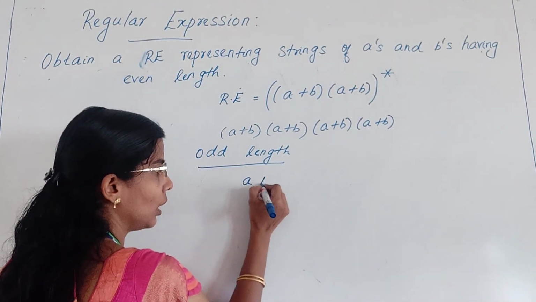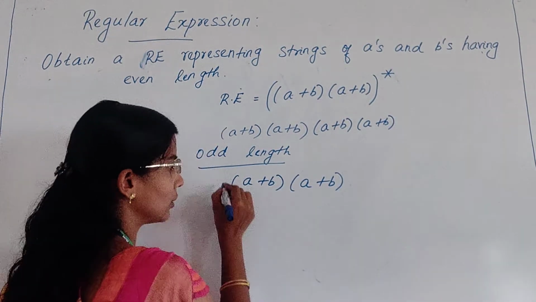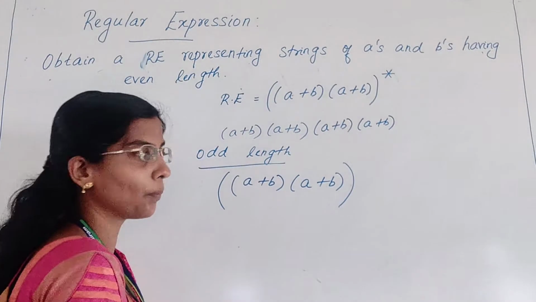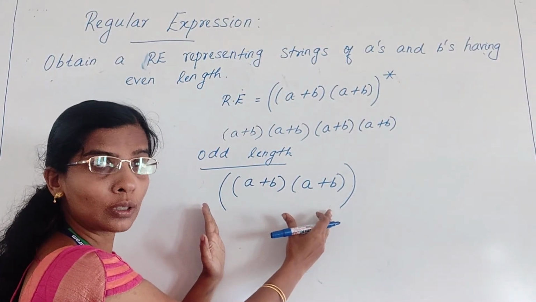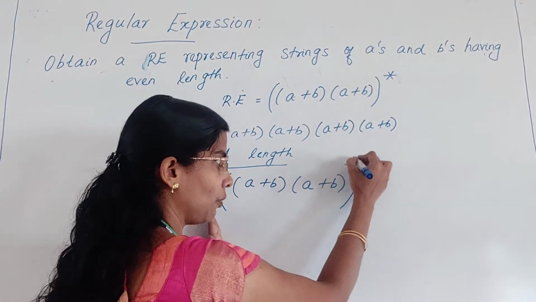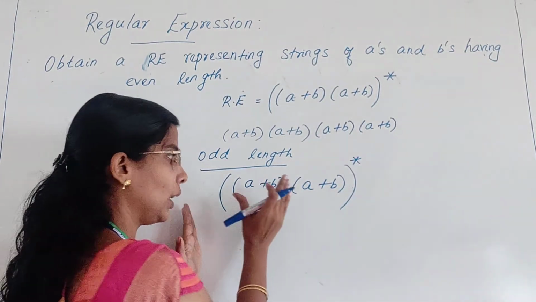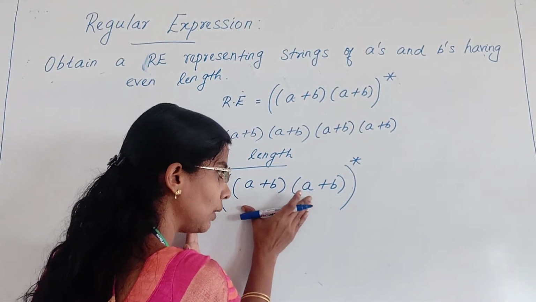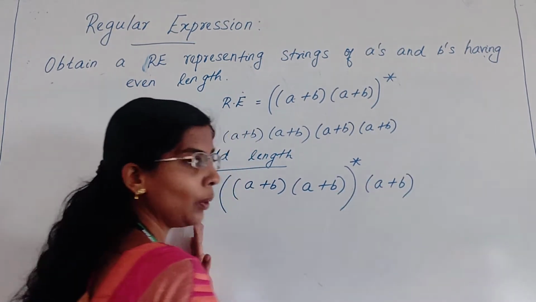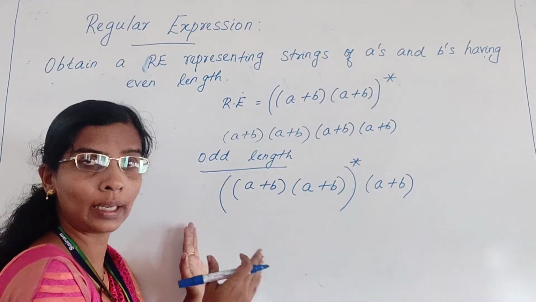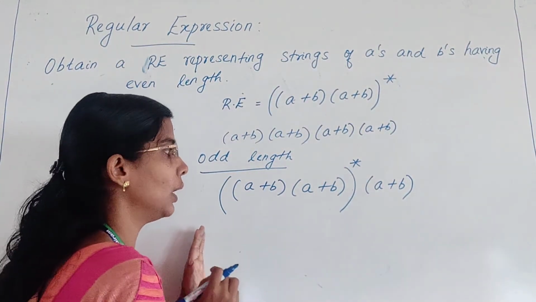Suppose this is my even length expression. This expression will give you strings of length 2. If I put a star, it will give strings of even length. If I multiply this even length of strings with A plus B one more time, I'll get odd length of strings.